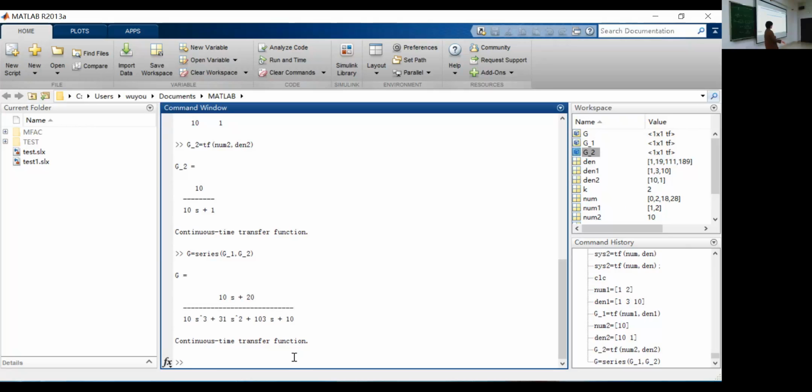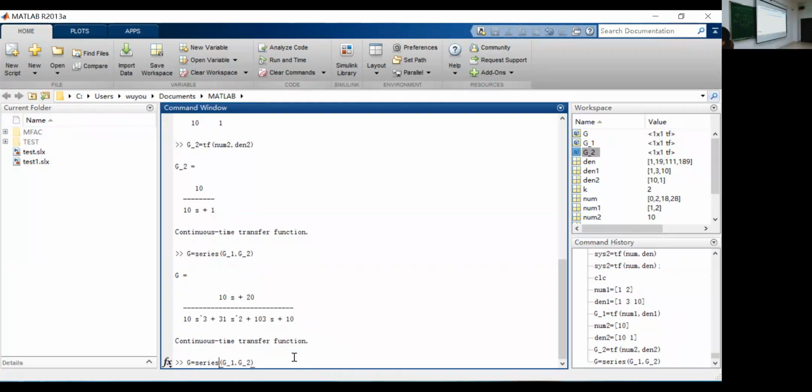Then how about in parallel? Guess what's the code? Easy? Just parallel, right? So if these are changed into the form, then what? Parallel.